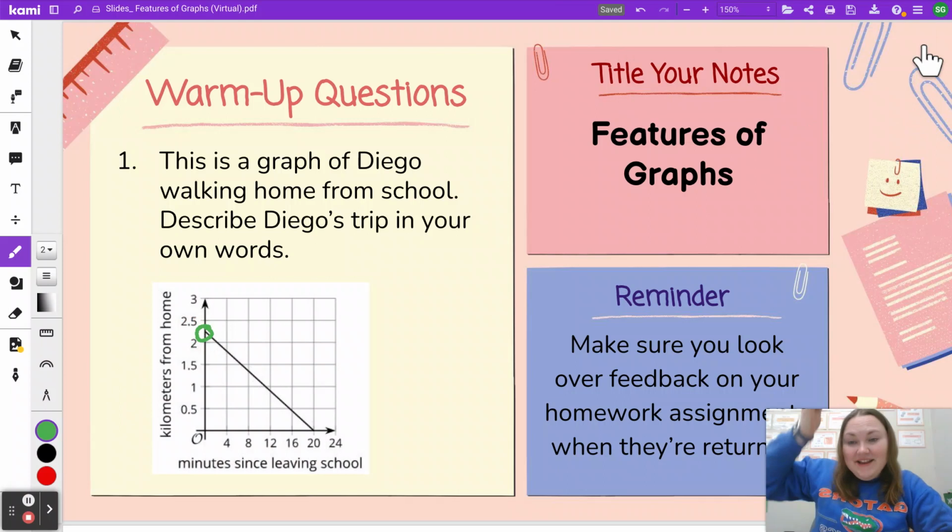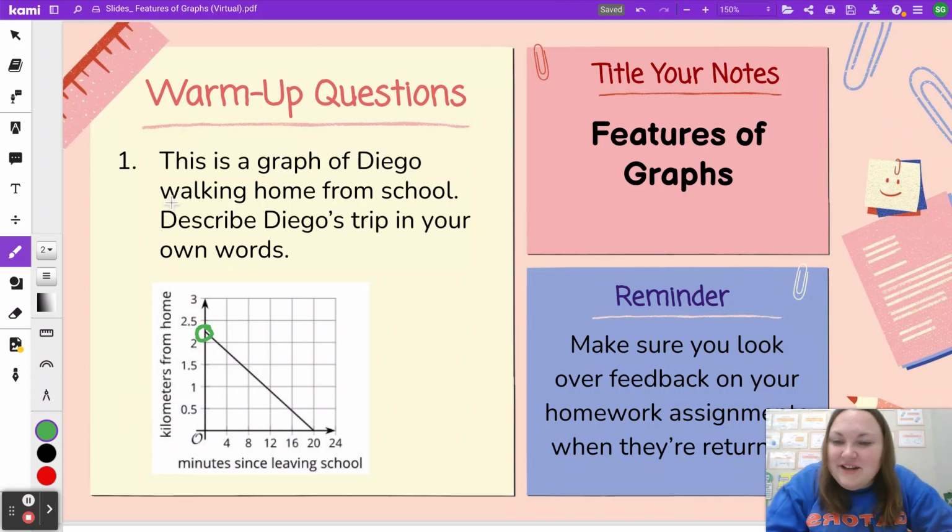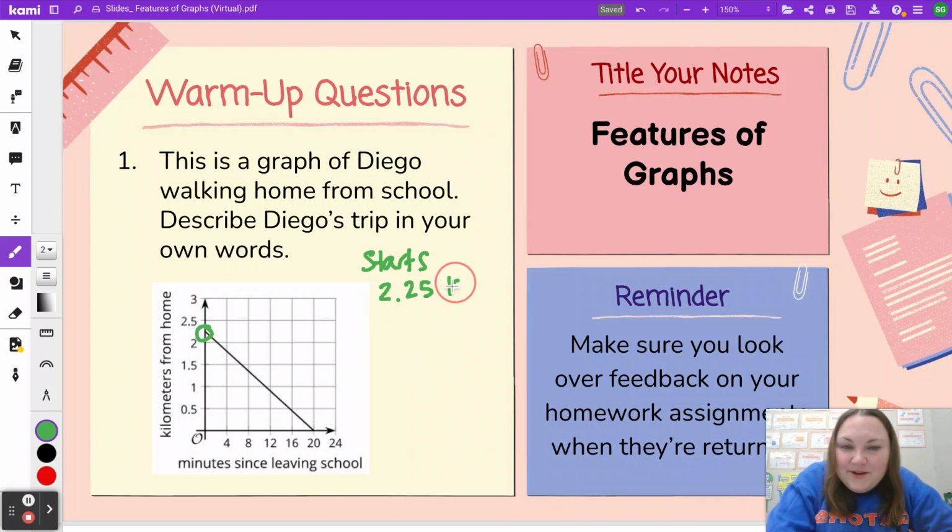That y-intercept or that vertical intercept is telling you his starting point. So you might say that he starts, it looks like I'm going to go with 2.25 because it looks like it's right in between 2 and 2.5. So we could say he starts 2.25 kilometers from home. So that must be how far away his school is.